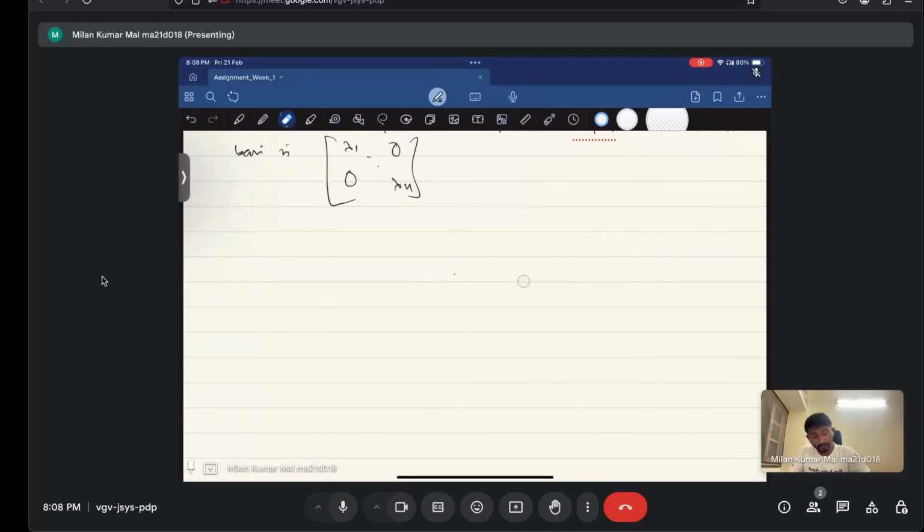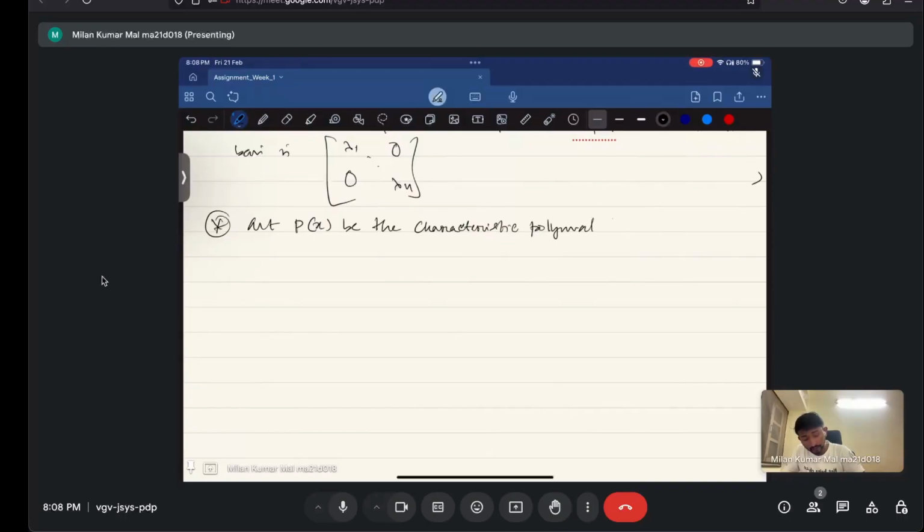But there is some interesting fact. Let P(x) be the characteristic polynomial, and let P(x) be equal to (x minus lambda 1) to the power n1 all the way to (x minus lambda k) to the power nk.